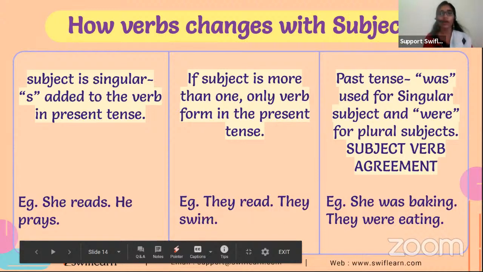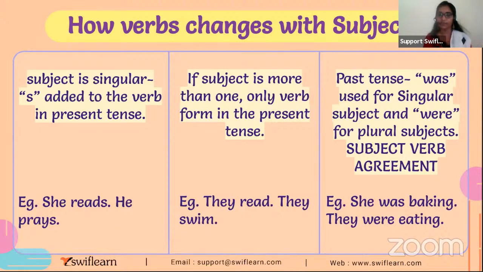And now, in the past tense, we use was for singular subjects, and we use were for plural subjects. Clear? So in the present, I again repeat it. In the present tense, if the subject is singular, we add s to the verb.